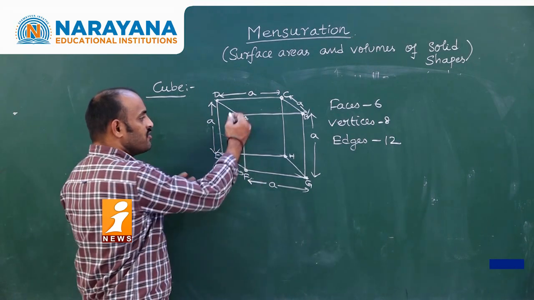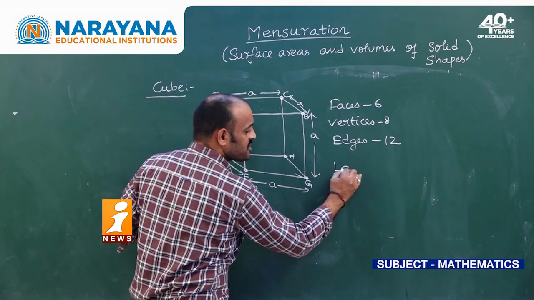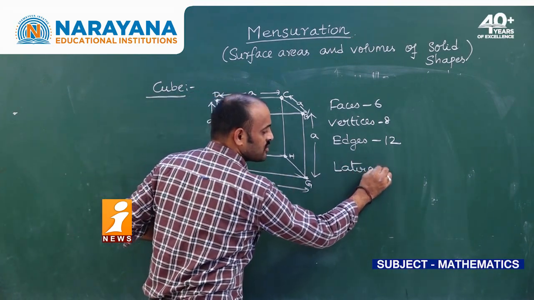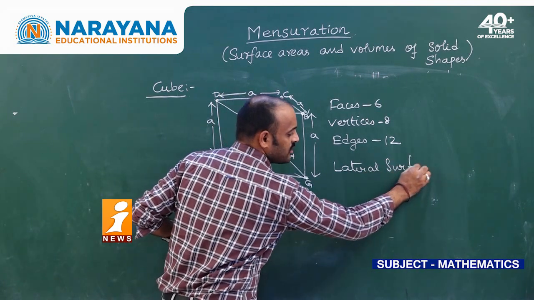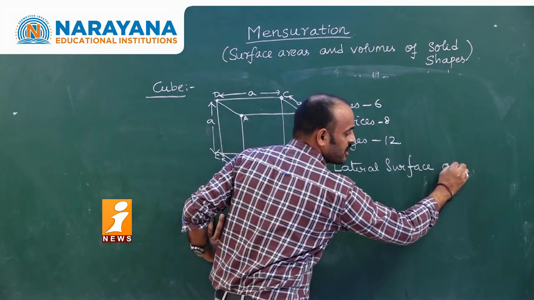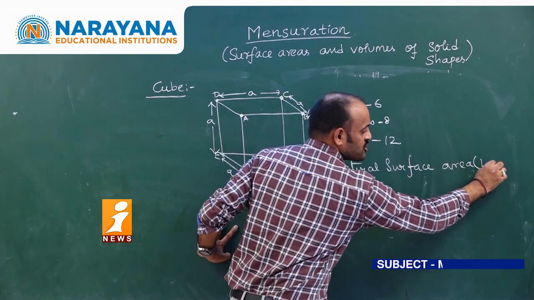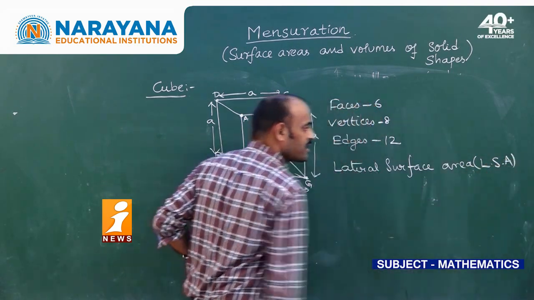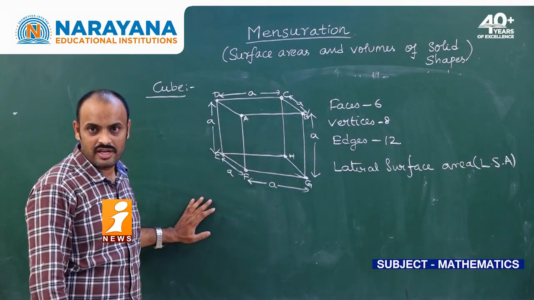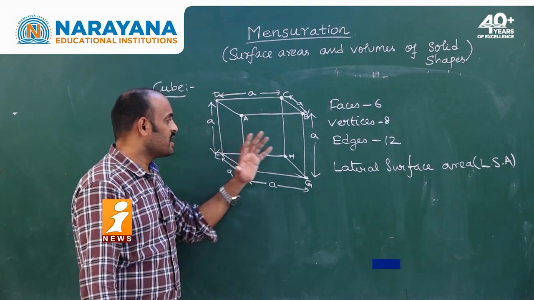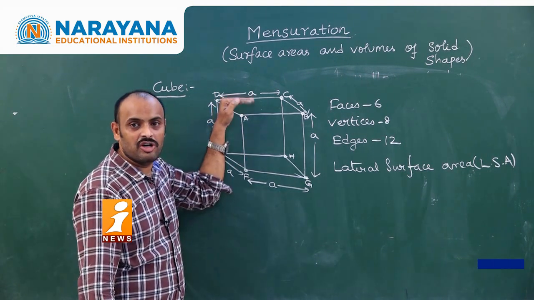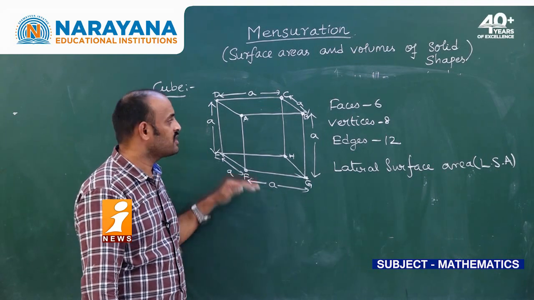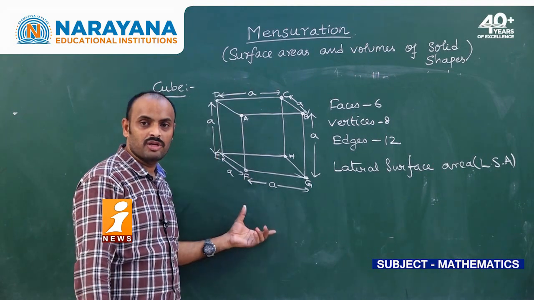First, lateral surface area, in shortcut form we call it LSA. What is lateral surface area? It is the surface area of the entire solid leaving the top and bottom area.